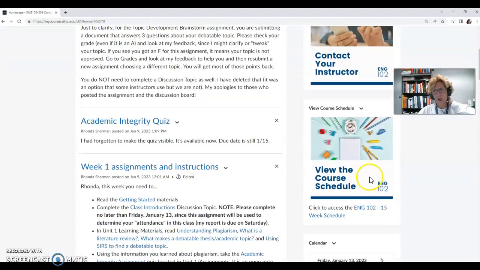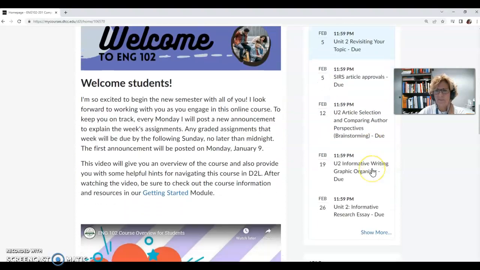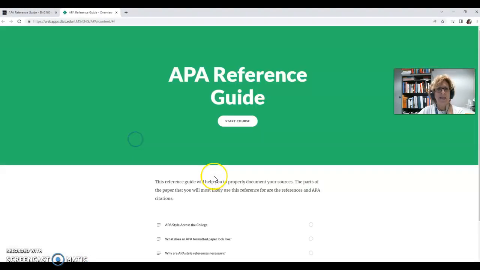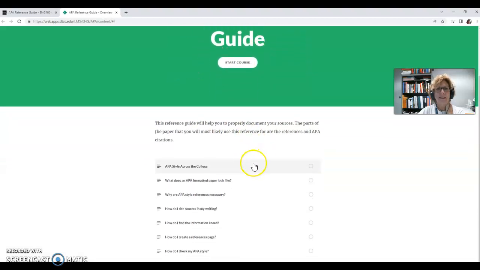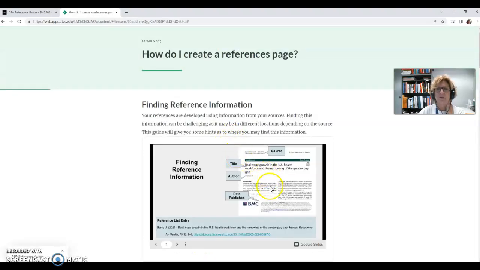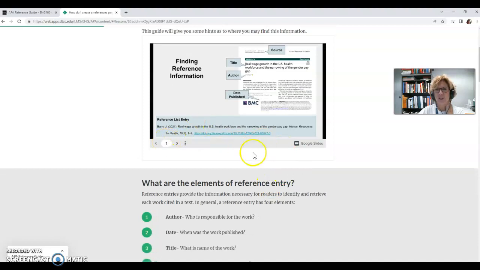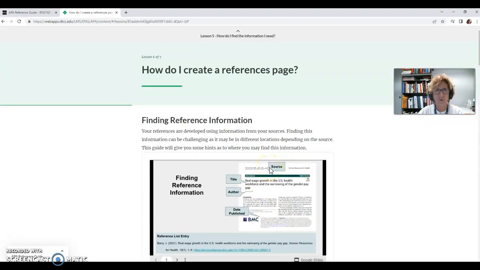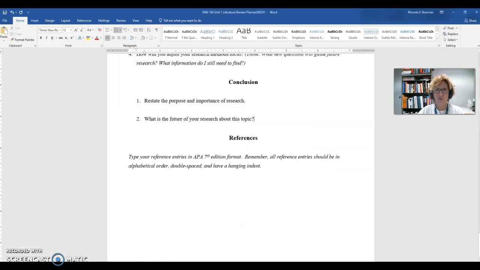You will probably need to go into the APA resources and look at the references page. So you will get some information if you go through that section. Give it a best shot. I will certainly be giving you feedback so that if you make mistakes, it's not a big issue. We just want you to really try and to work with that.